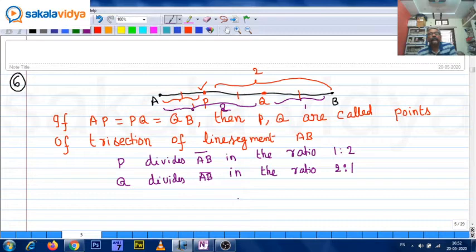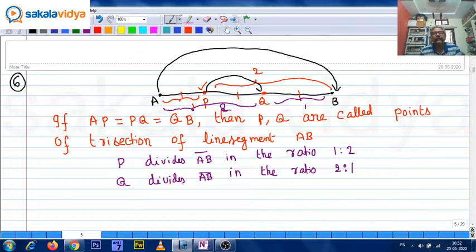And one more interesting point I will tell you. Midpoint of AB is the same as midpoint of PQ. That also is one concept you will write, a very important point.